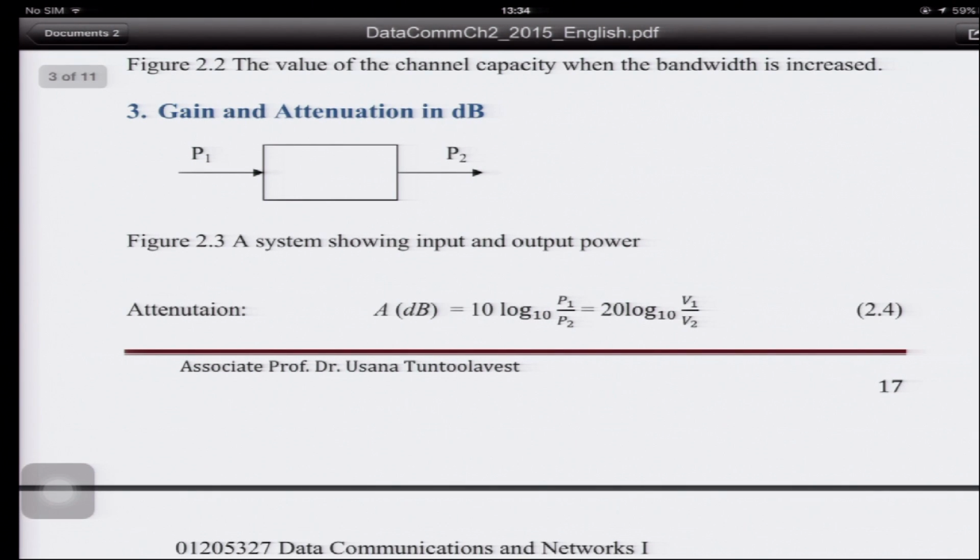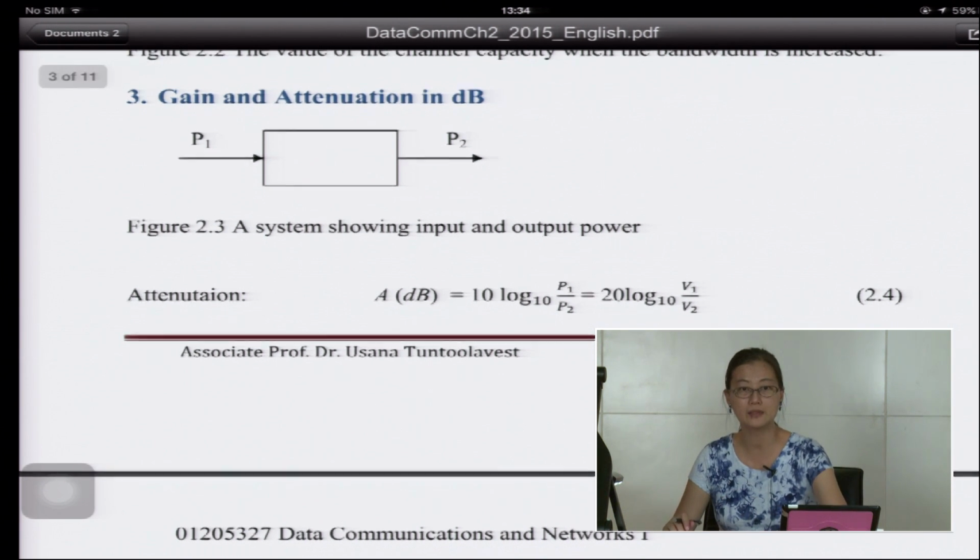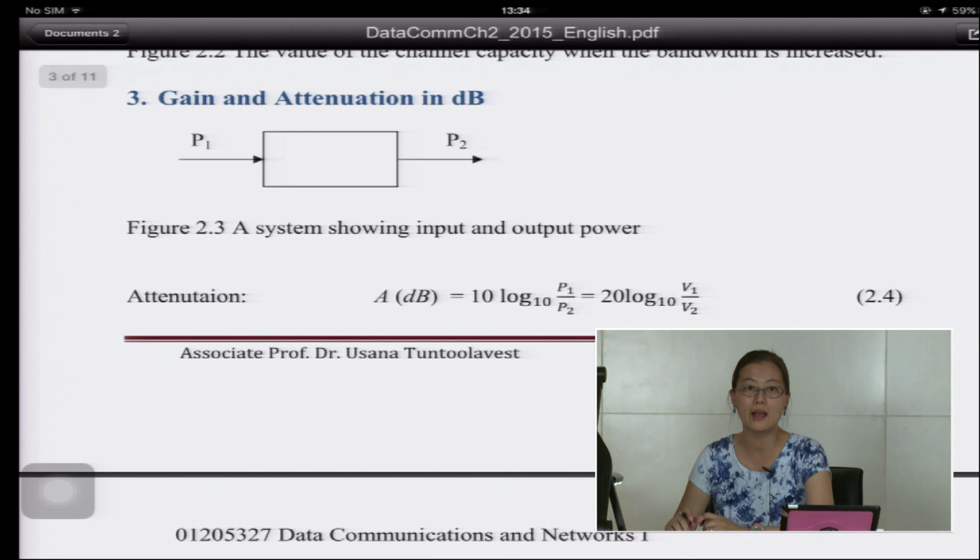The next topic is gain and attenuation in dB. A lot of people already know this from the first and second year that you have studied. Anyway, if you have a system with power in P1 and power out P2, attenuation means that the power out is less than power in, because you put something in and get less out.